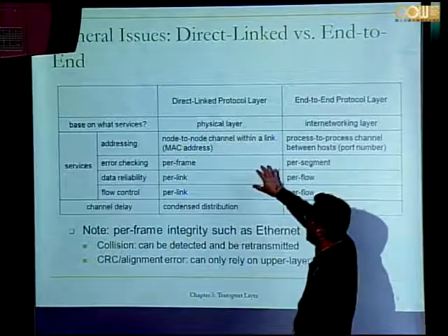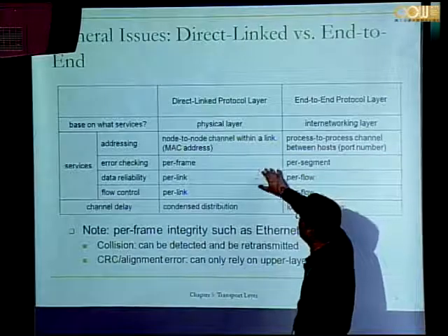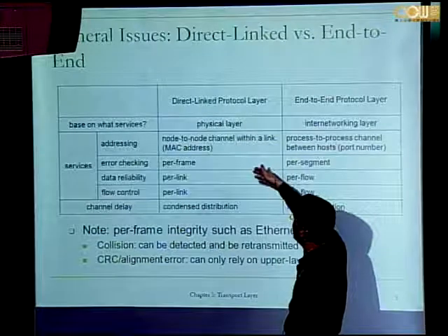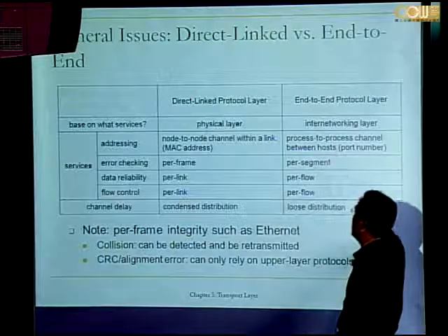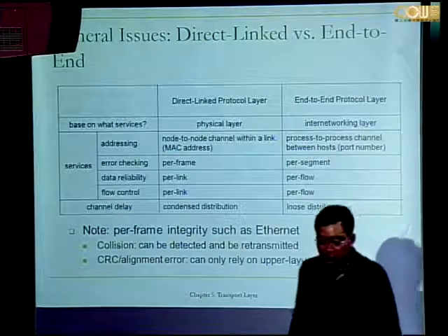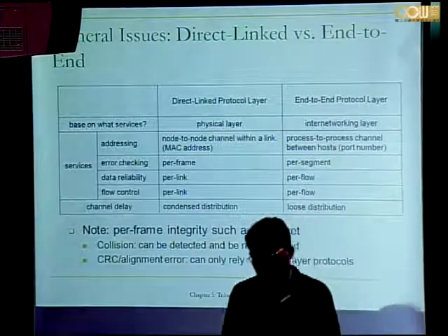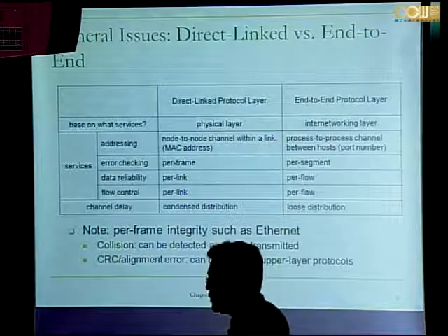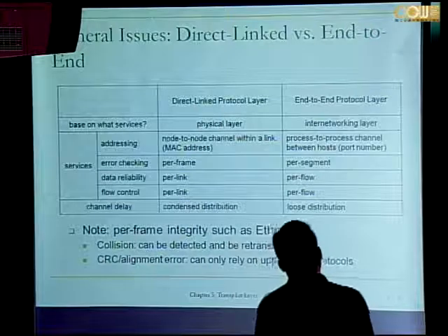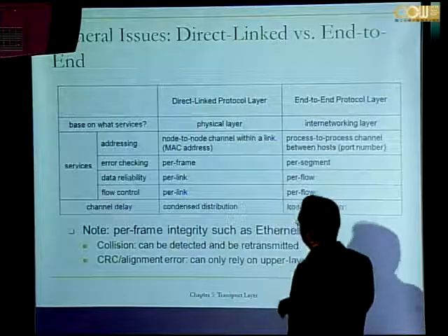And for error checking, you check the frame here. Here you check the segment. At a link layer we call it frame. At an IP layer we call it packet. But here at the transport layer we call it segment. Segment, packet, and frame.